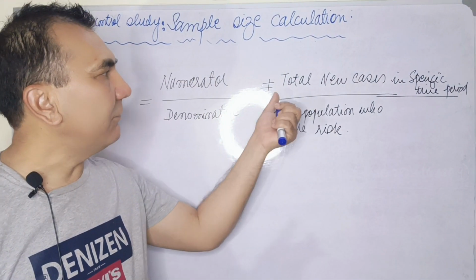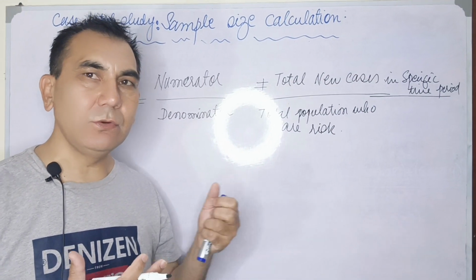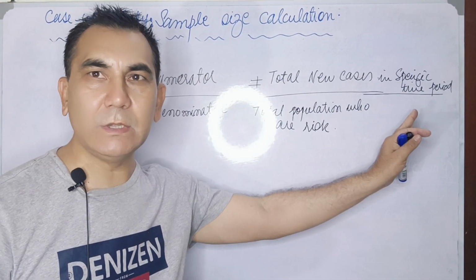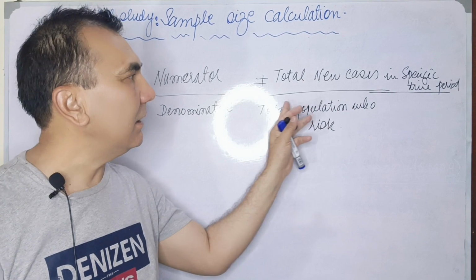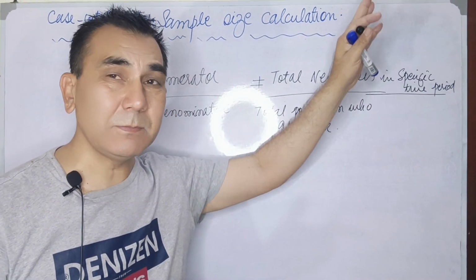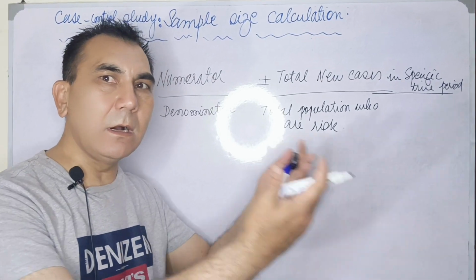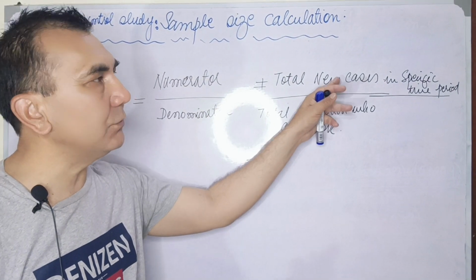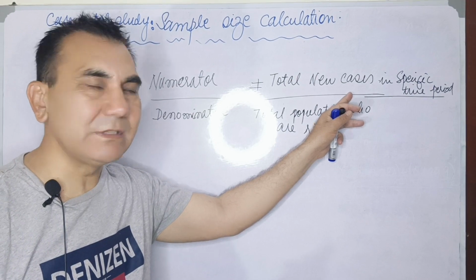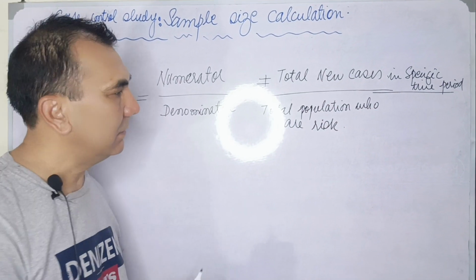In a cohort study you follow the number of cases over a specific period, and the risk population converts into diseased cases.